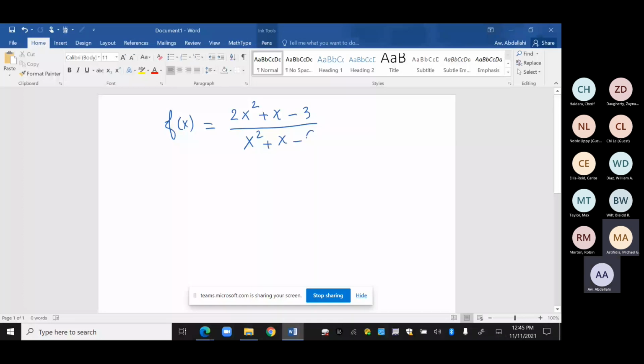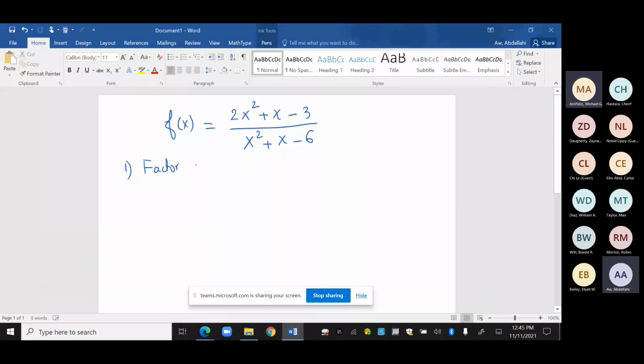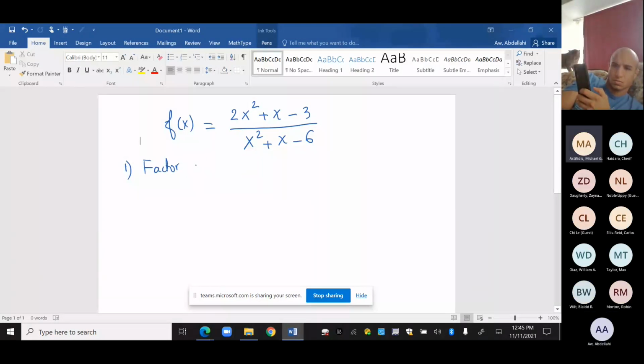All right, so what you're going to do first is find, first, factor the numerator and denominator if possible.